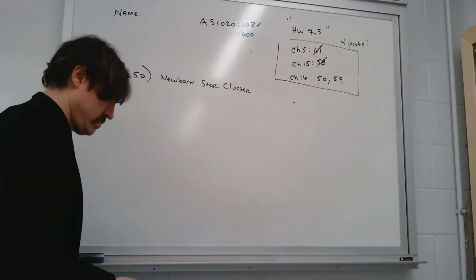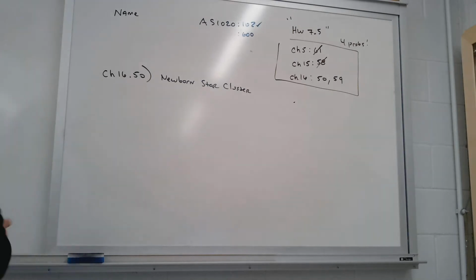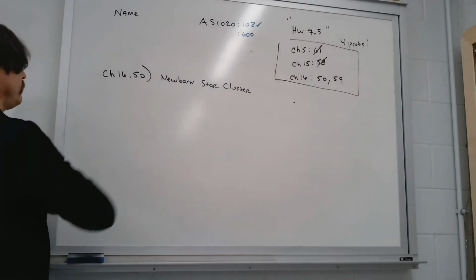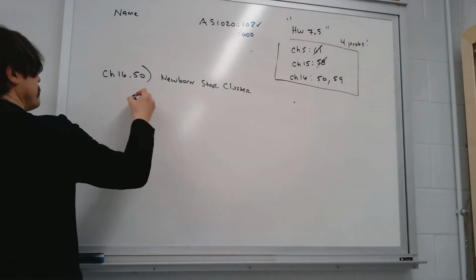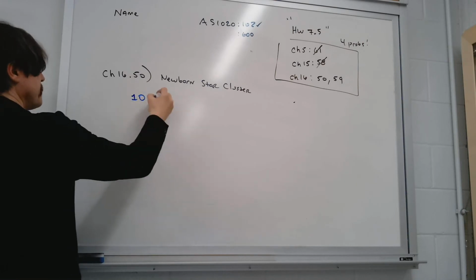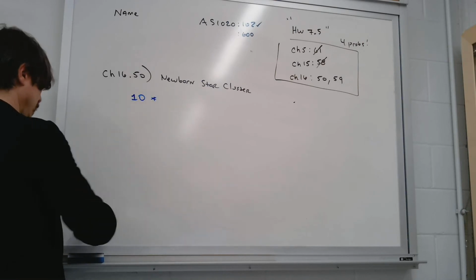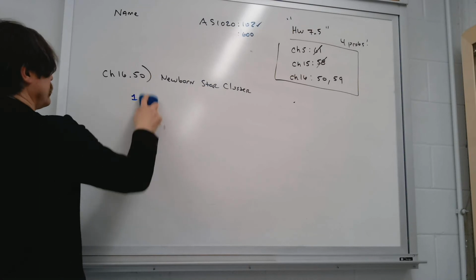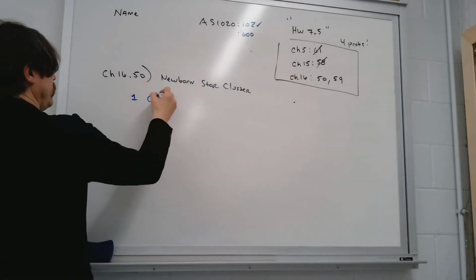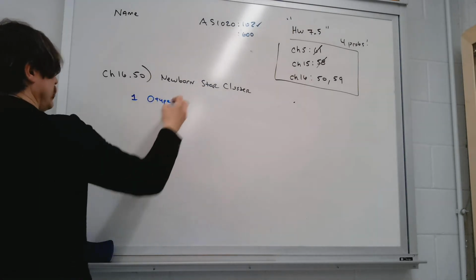So, we use some appropriate colors. We have one O star. That looks like 10, so I want to fix this. So we'll say one O type.